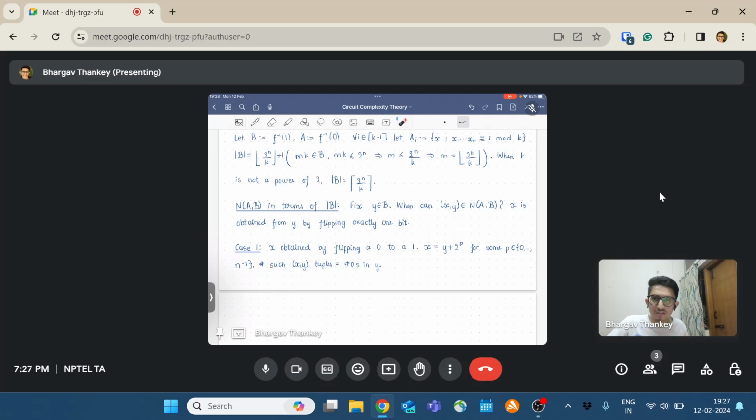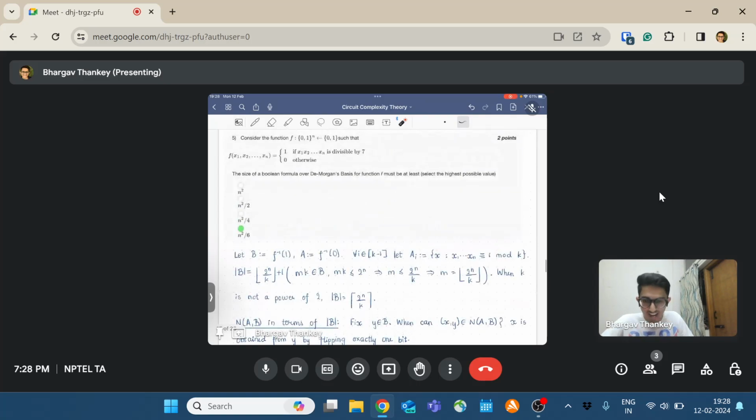We have B which maps to 1 and A which maps to 0. That's the issue with the question. Output is one when x is divisible by 7. So when I say f inverse of 1, it would have been much better if this were 0 and this were 1.